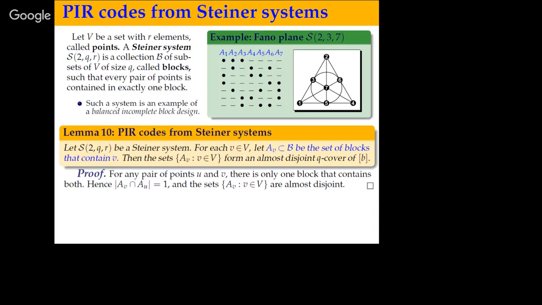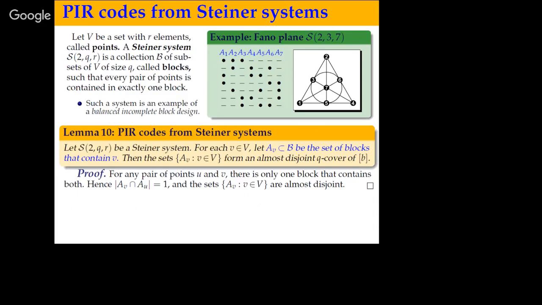So what I claim is, for each point V, these are the points, let A sub V be the blocks that contain that point. Now consider that set of blocks, and I claim that it is almost disjoint.